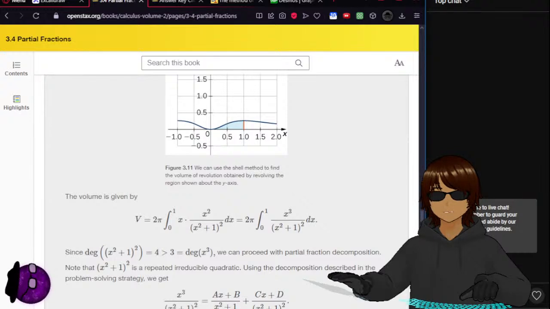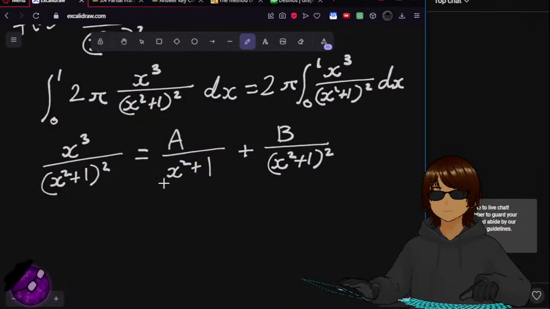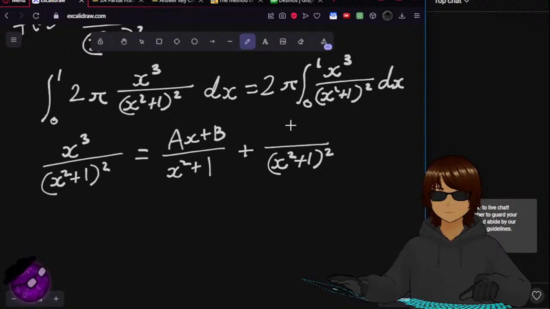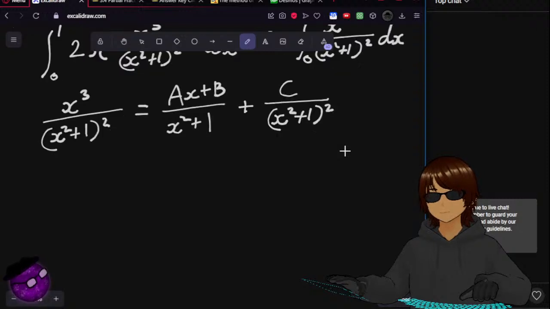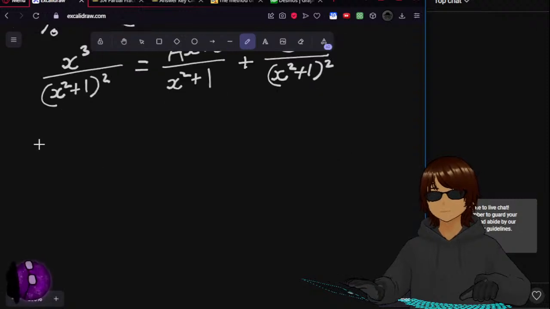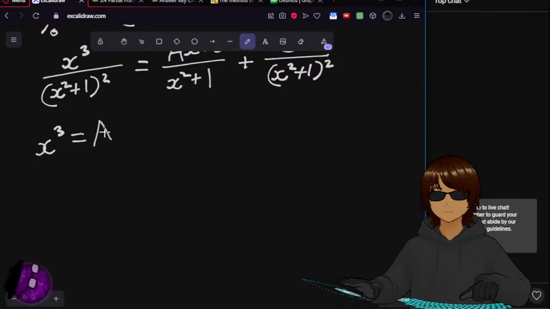Yeah, this is irreducible. Which is right. X squared plus 1.